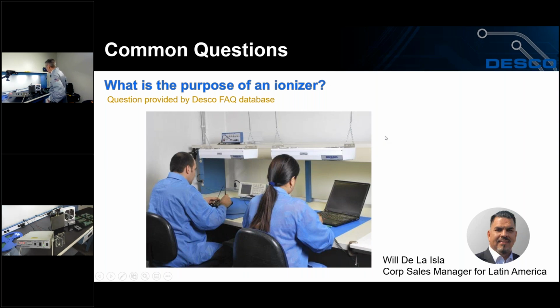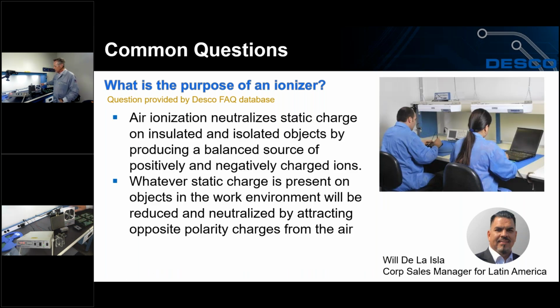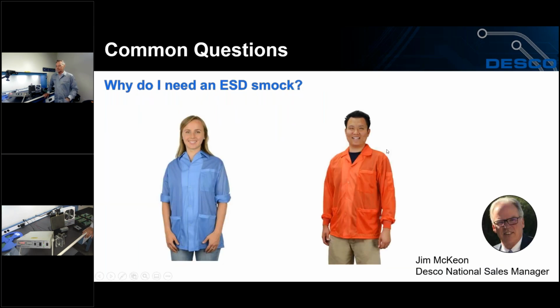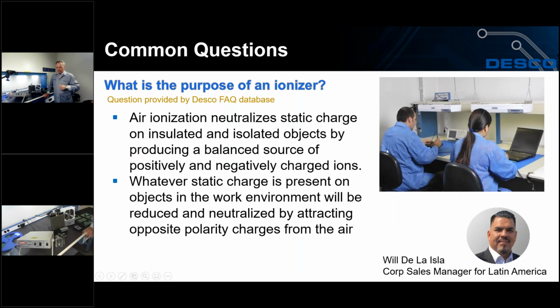Thanks. For Will, the question is, what is the purpose of an ionizer? Well, air ionization is going to be your last line of defense. Go ahead and hit the next slide. Air ionization neutralizes static charge on insulated or isolated objects by producing a balanced source of positive and negative charge ions.